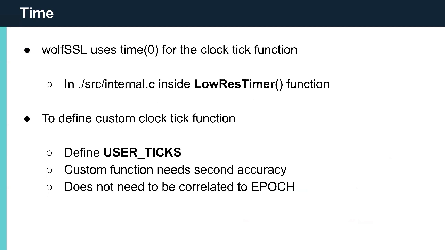In our source internal.c file, we have a low-res timer, which is used for expiration of session caches. And this is where you'd need to have a function, if you didn't have time available, that provided essentially an incrementing seconds counter. It doesn't need to be correlated to the epoch. It just needs to have second accuracy. And if you want to override this, you would need to define USER_TICKS.